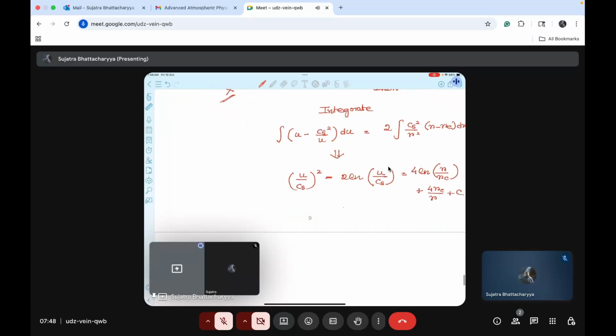So this is a transcendental equation and has a graphical solution.